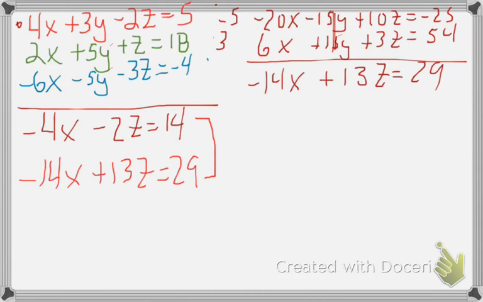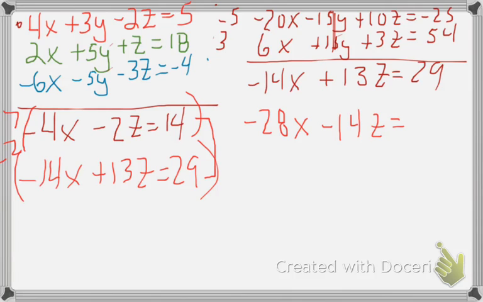Let's multiply this top equation by 7. Let's multiply this bottom equation here by a negative 2 and see what we come up with. I'm over to the right here. I'm going to have negative 28x minus 14z. Of course, that's going to equal 98.